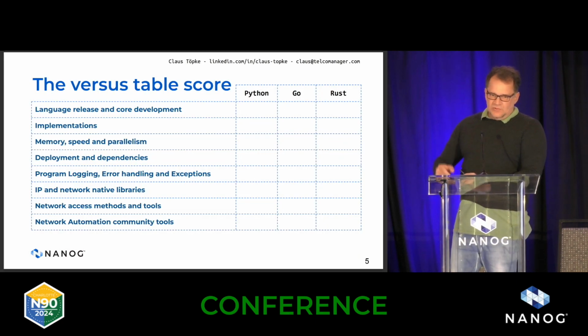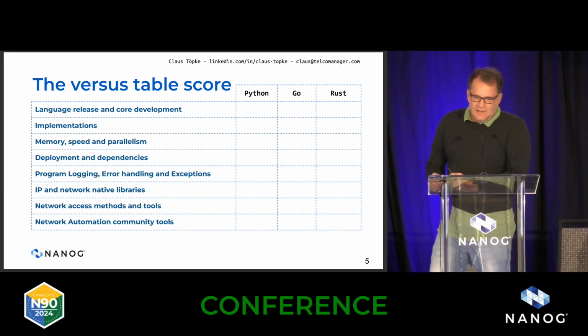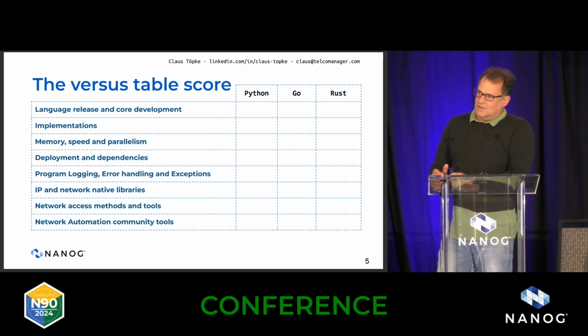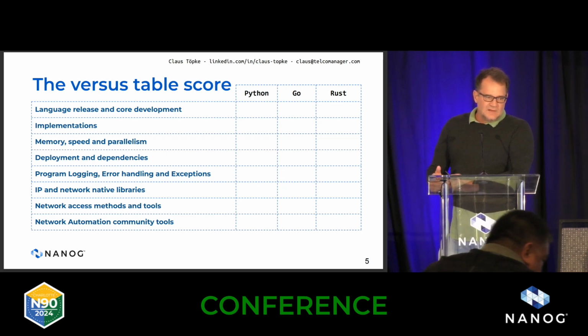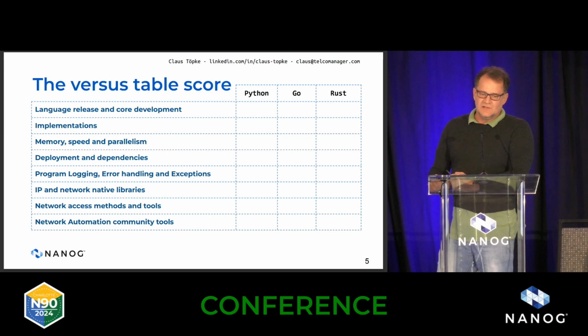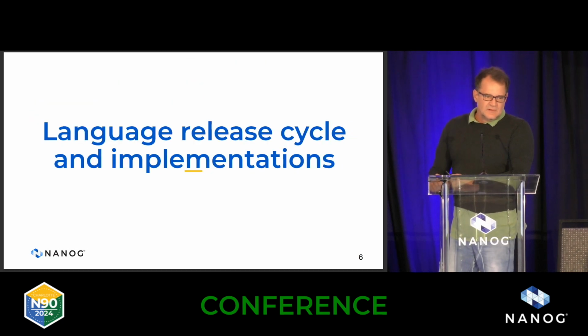So I created a table, so now we can discuss each item for each language, put some numbers here, and then we can have a winner at the end. That means we're gonna dive into those items, language, release, and implementation first.